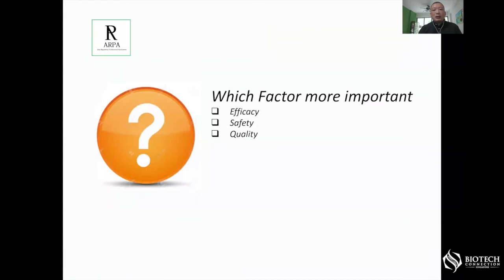I think, and here I want the team, now feeling warmed up maybe, to consider an interesting question. Which factor is more important for getting approval? And please understand, I don't want to give you a misunderstanding that only one is important. I will say all of them are important.